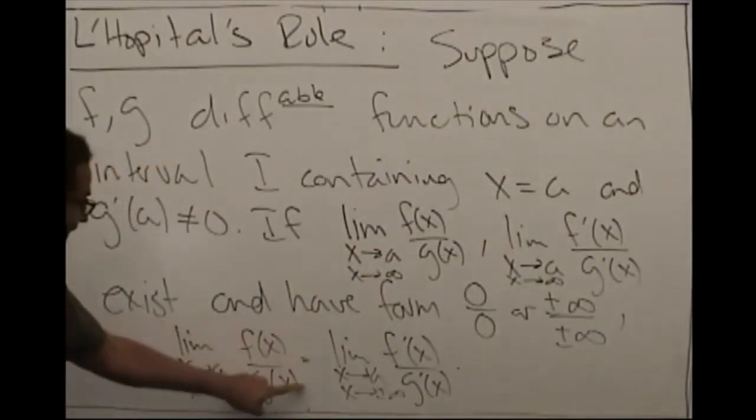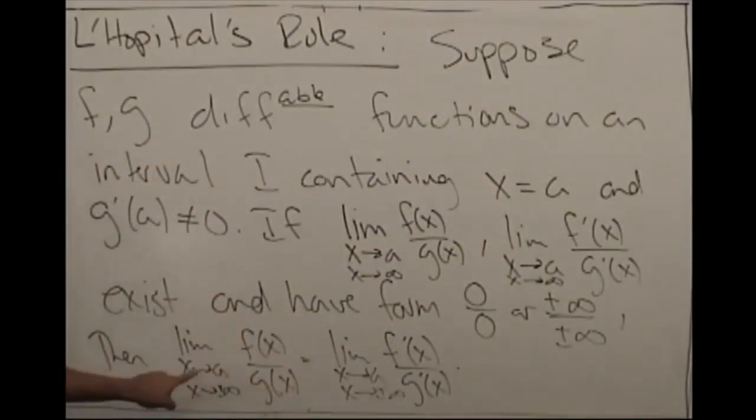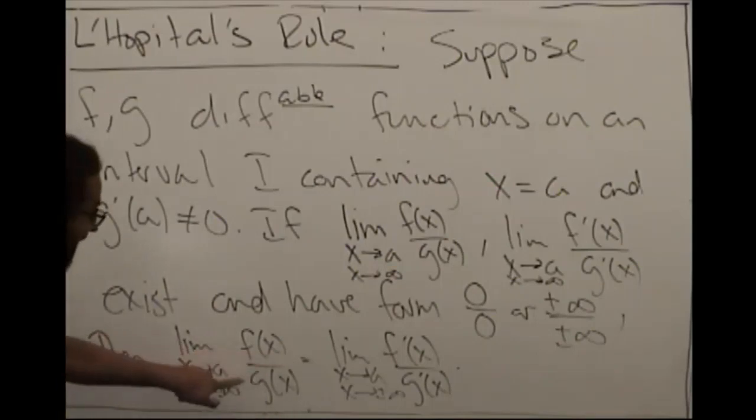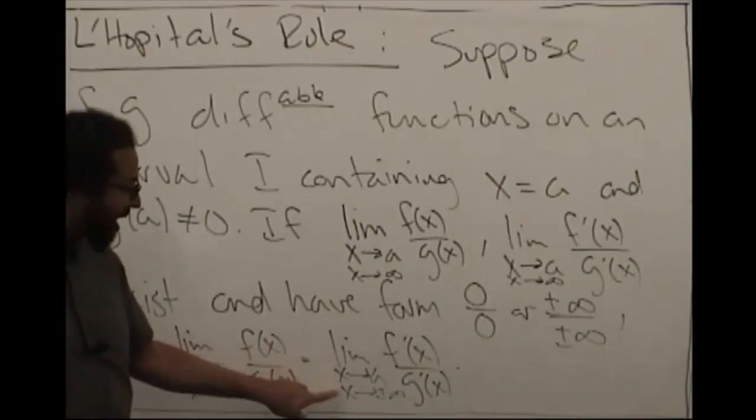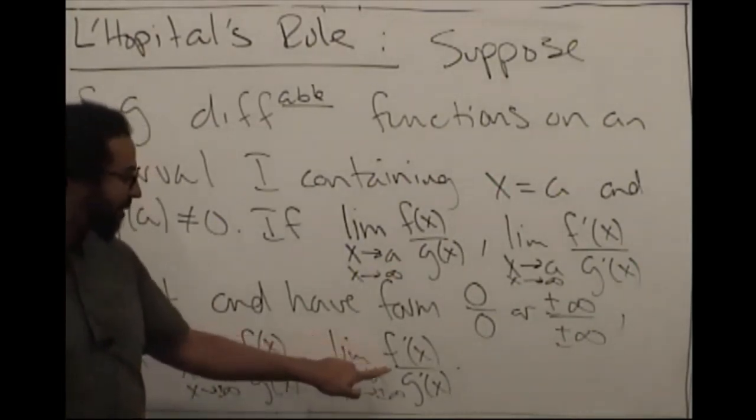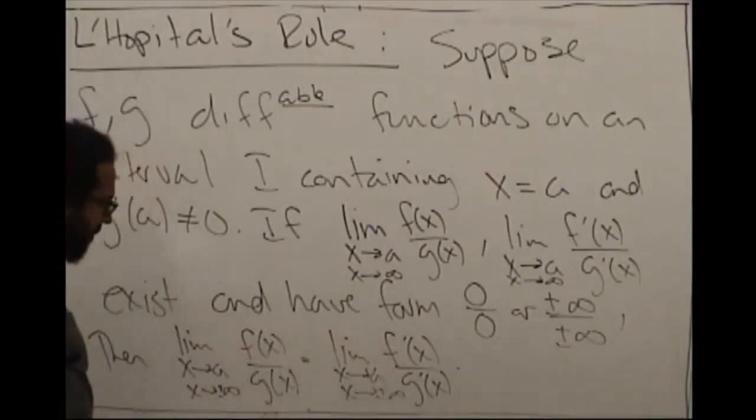In other words, I can evaluate the limit as x approaches a or infinity of f over g. That's the same thing as the limit as x approaches a or infinity of f prime over g prime.